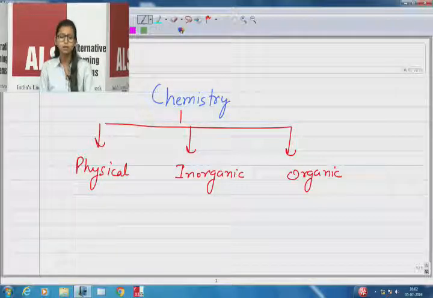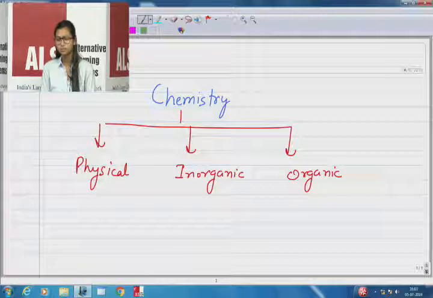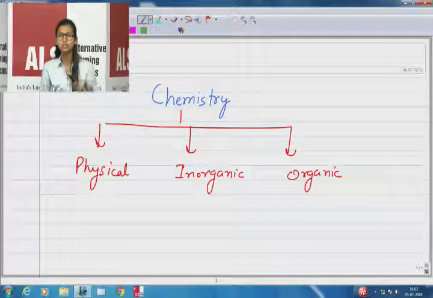When I say that we are talking about physical chemistry, what do we study in physical chemistry? Anyone, anything? I would be happy if you share your answers here on the screen. What is actually the study of physical chemistry? Any idea, Kohima Center? What do we study in the physical? As there are no cameras there, I am not able to see you all.